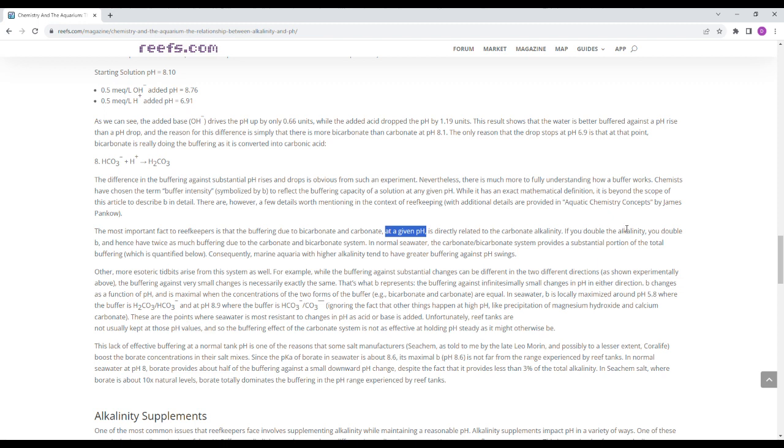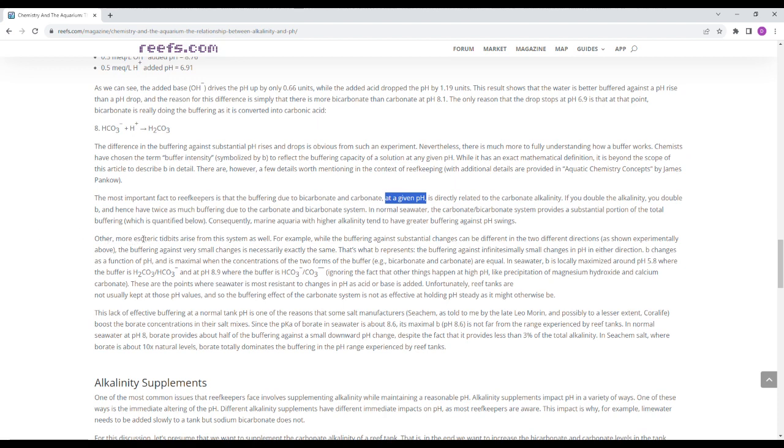If you double the alkalinity, you double B, and hence have twice as much buffering due to the carbonate and bicarbonate system. In normal seawater, the carbonate-bicarbonate system provides a substantial portion of the total buffering, which is quantified below. Consequently, marine aquaria with higher alkalinity tend to have greater buffering against pH swings.